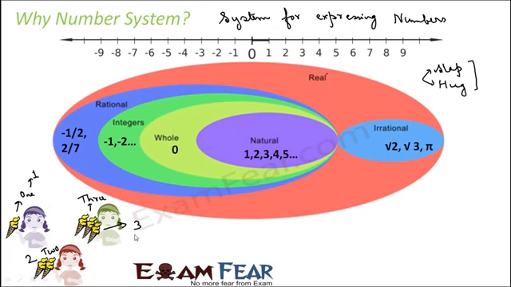These 1, 2 and 3 are symbols to represent the numbers. We'll see various other types of representation like -1, -2, or 1 by 2, 3 by 2, or pi, that is 3.14. It goes on, right? This value pi. So there are so many different types of numbers and they have to be represented. Number system is used to represent those numbers.